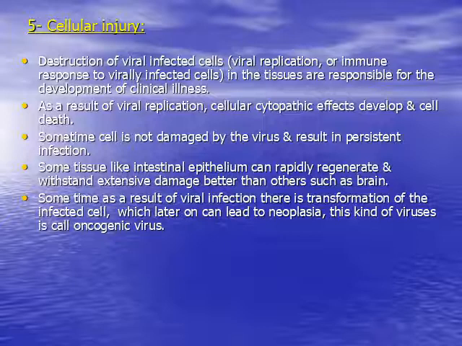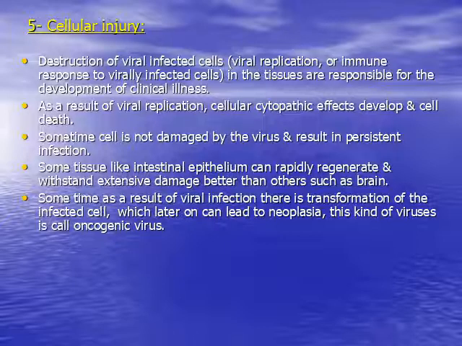As a result of viral replication, cellular cytopathic effects develop and cell death. Sometimes the cell is not damaged by the virus and this results in persistent infection. Some tissue, like intestinal epithelium, can rapidly regenerate and withstand excessive damage better than others, like the brain.